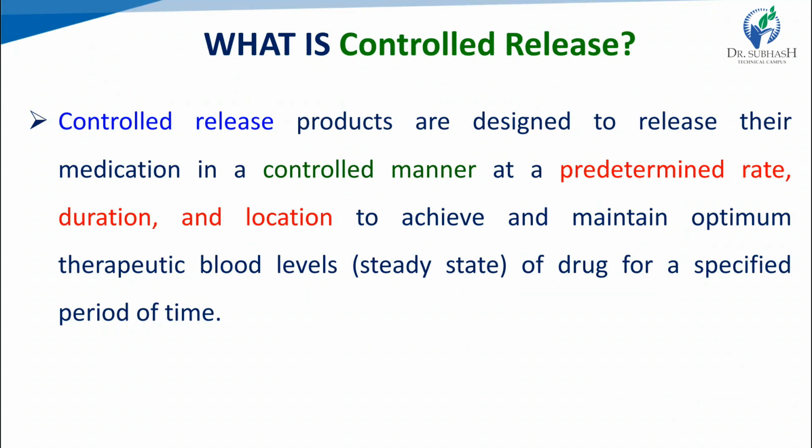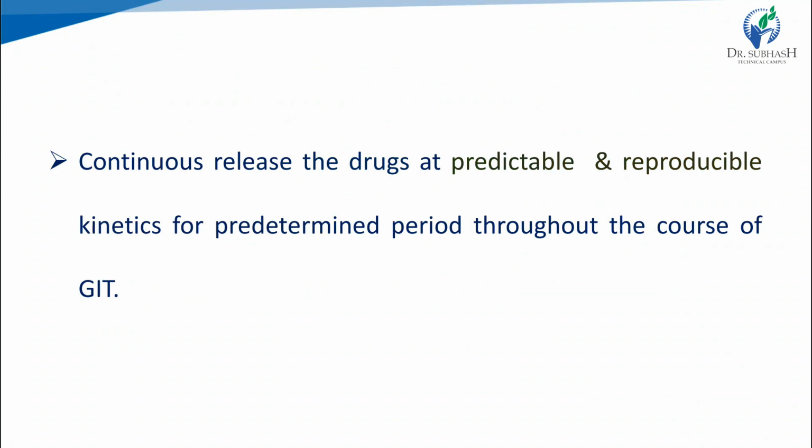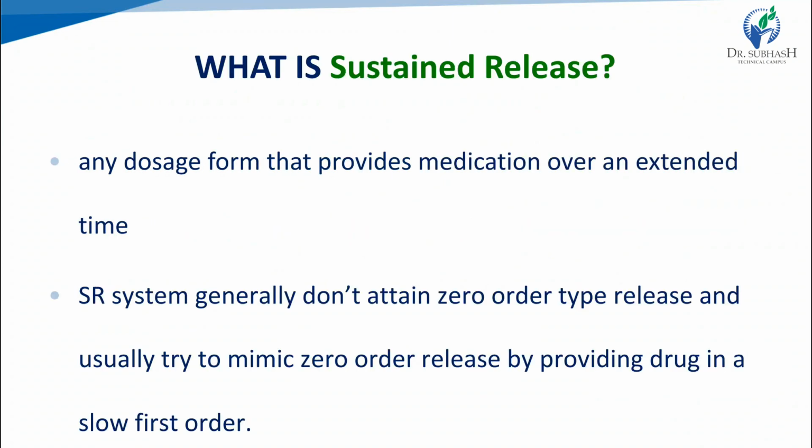That is called a control release drug delivery system. It is the continuous release of drug at predictable and reproducible kinetics for a predetermined period of time throughout the course of the GI tract. So that is the control release dosage form.